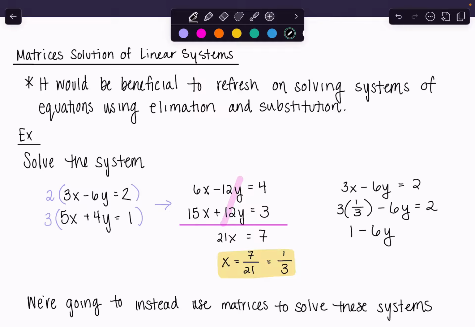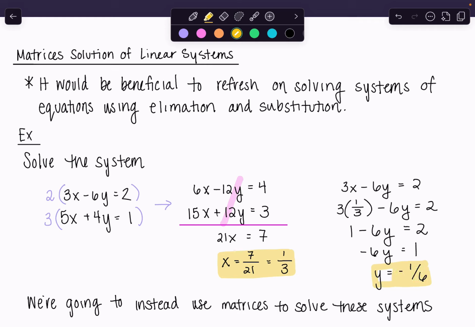So we get 1 minus 6y equals 2. Then going through and solving for y, we have to move the 1 to the other side. So that gives us negative 6y is positive 1. And then dividing by negative 6 tells us our y coordinate has to be negative 1/6.